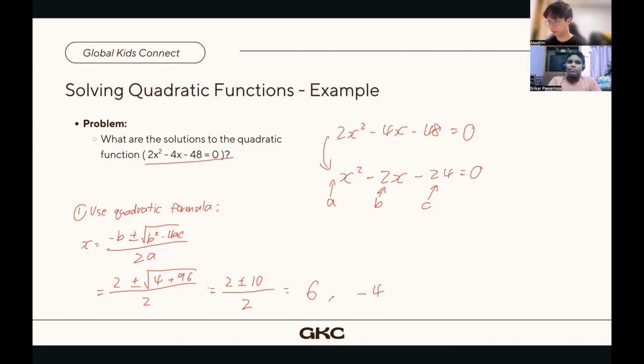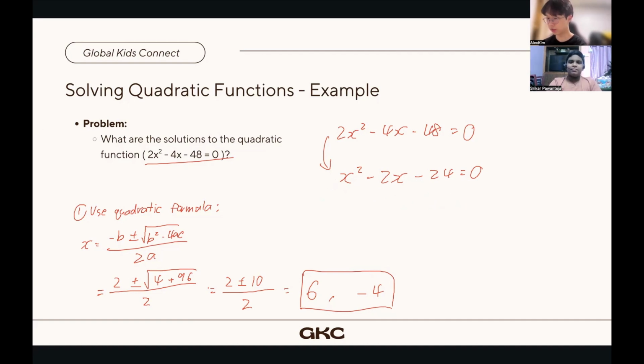From here, we've found that it is equal to 6 and negative 4, which makes sense because from a quadratic formula, you're able to get two values of x that work with the solution to solve the function.